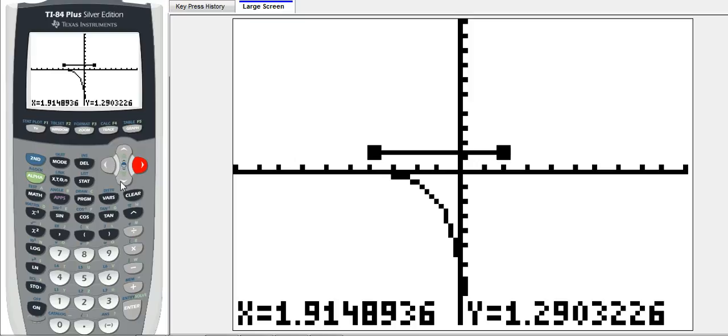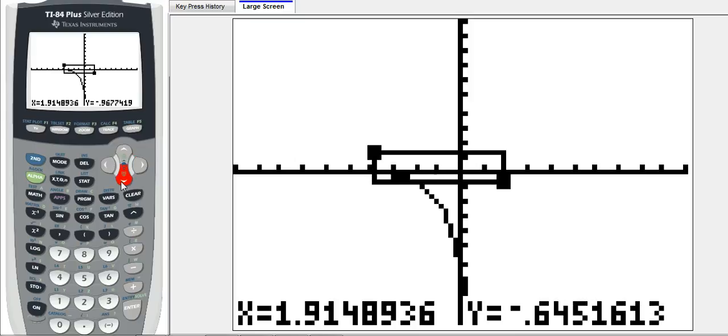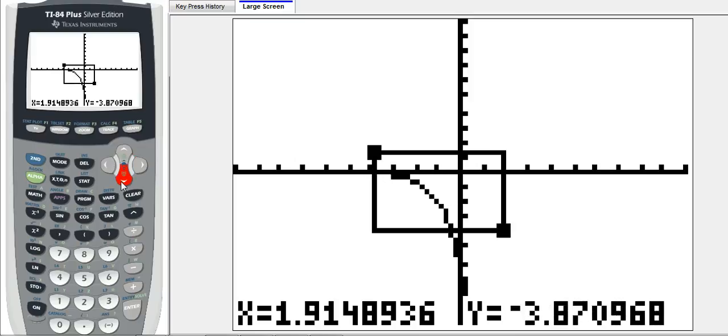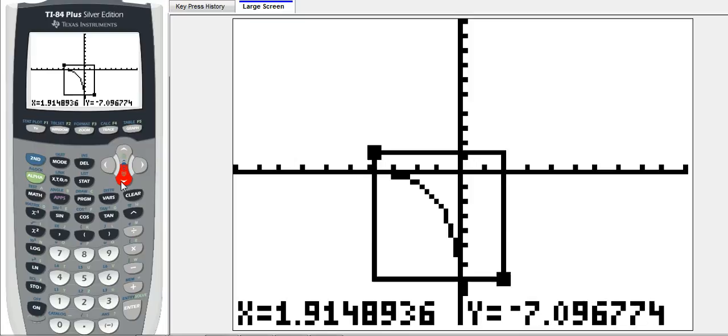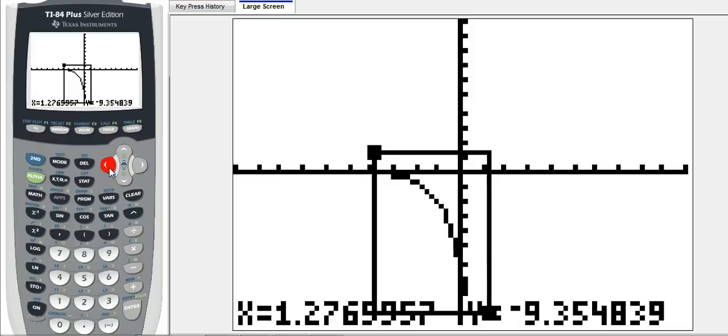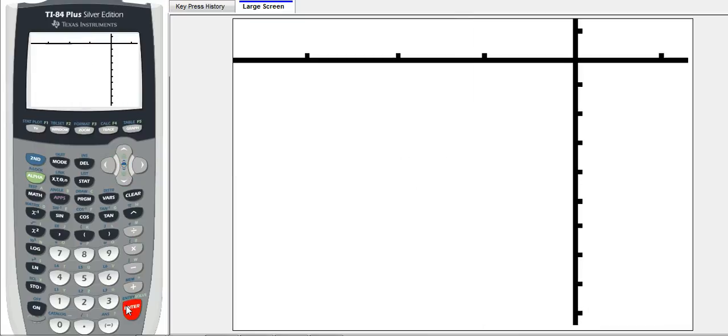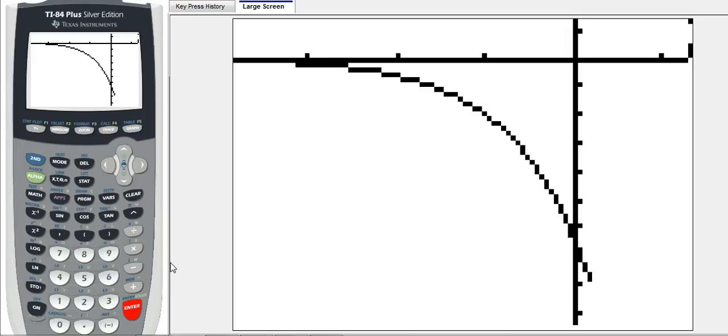Maybe I went too far. I'll probably come back over to the left a little bit. Okay, yeah, it doesn't really matter. Okay, that looks good. So now we can see the curve very nicely.